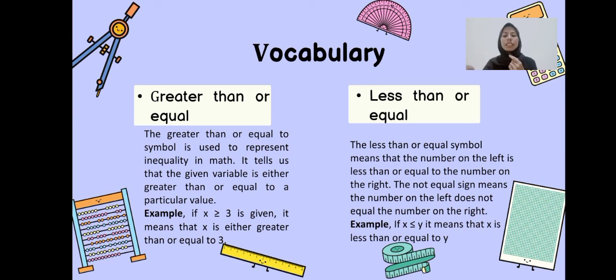Next, less than or equal. What is less than or equal? The less than or equal symbol means that the number on the left is less than or equal to the number on the right. For example, x is less than or equal to y. It means that x is less than or equal to y.